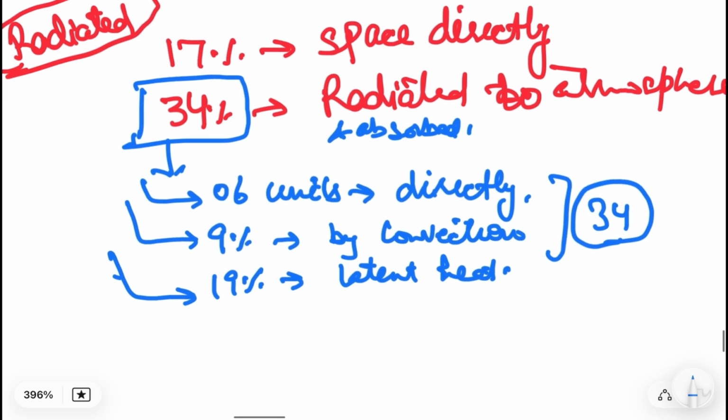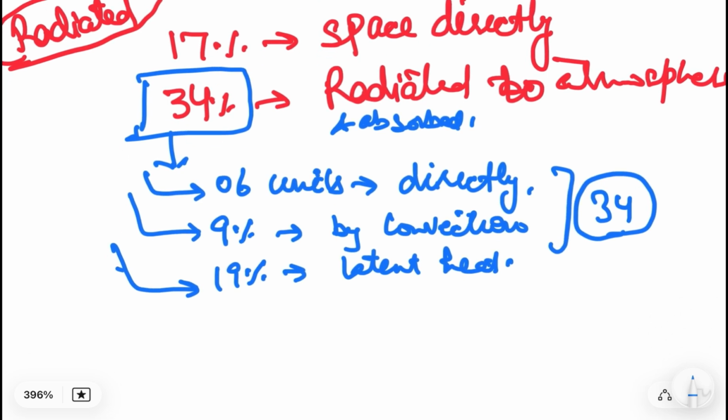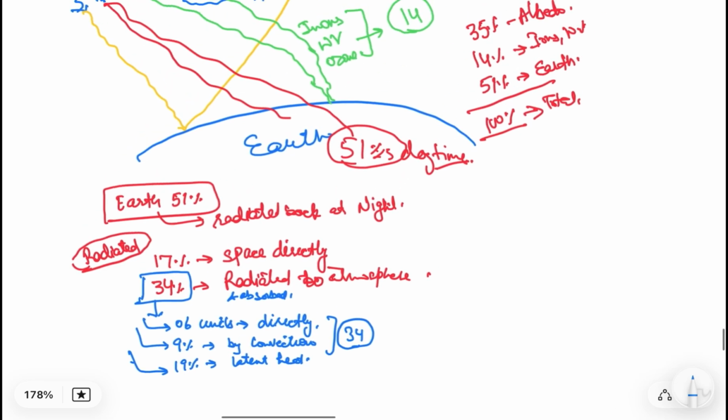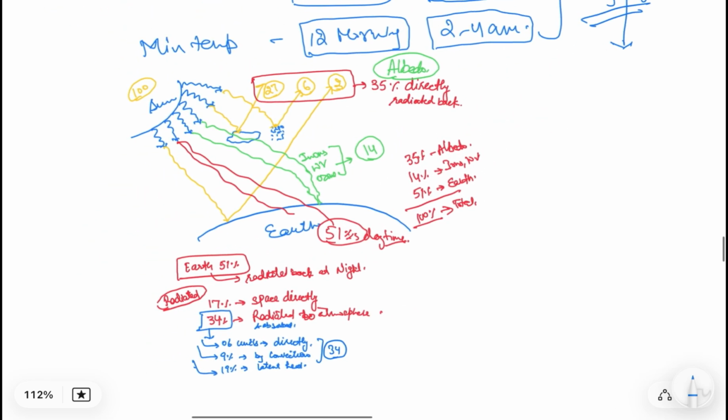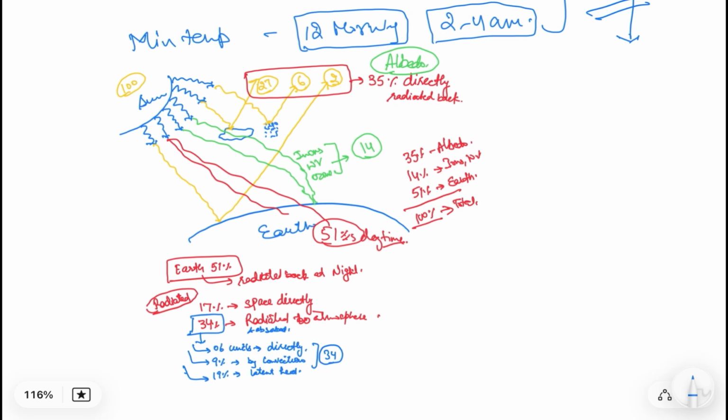Now how many units will the atmosphere absorb in total? If we look at the diagram, these 14 units of insolation are absorbed by the atmosphere, and the 34 units of terrestrial radiation are also absorbed by the atmosphere.